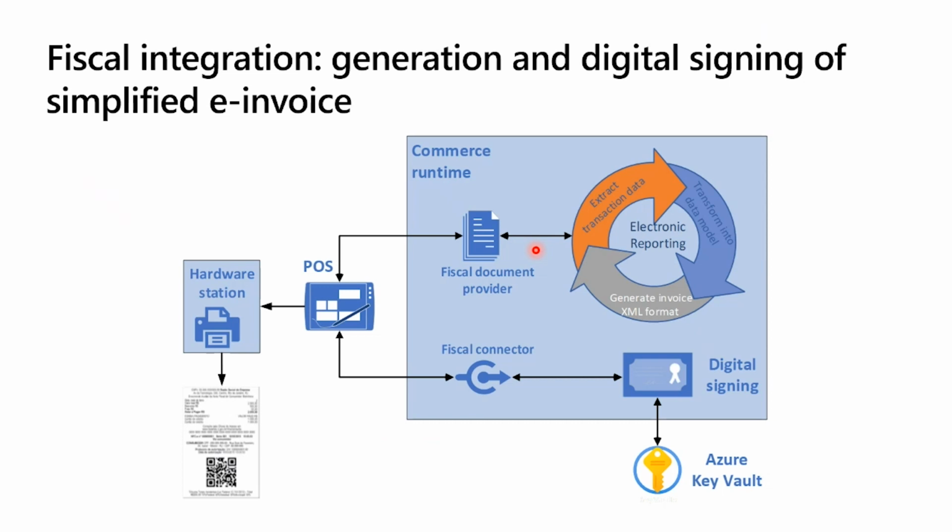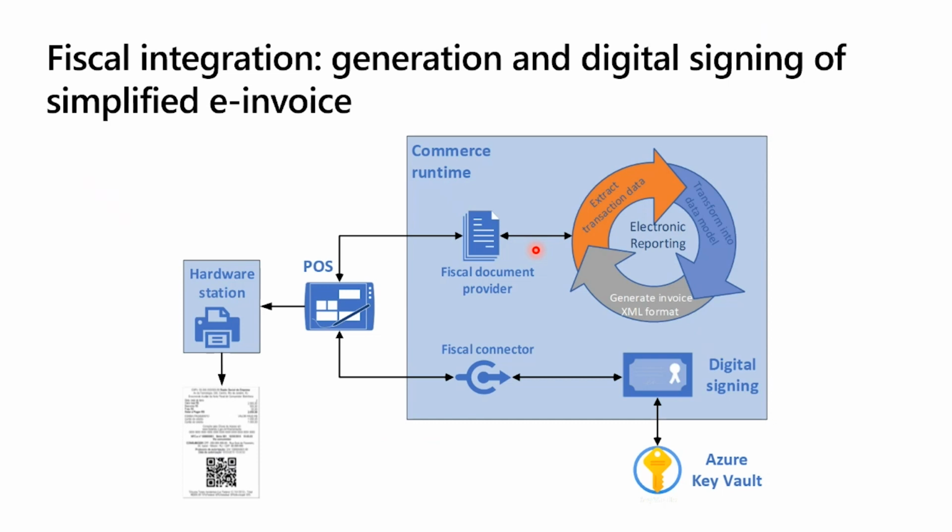So we kind of treat the electronic invoicing requirements as fiscal registration requirements in retail, and they come in the form of digital signing, because we need to generate some fiscal document, such as the simplified electronic invoice. Then we need to hash some data from this invoice, and then we need to digitally sign it.